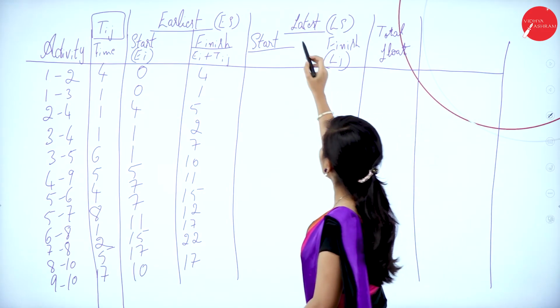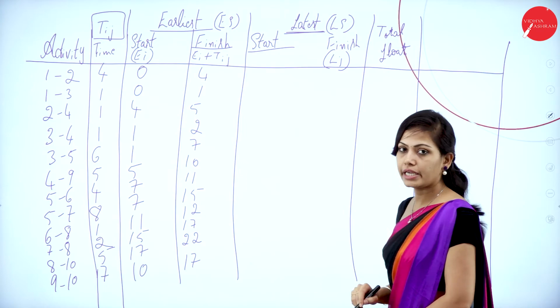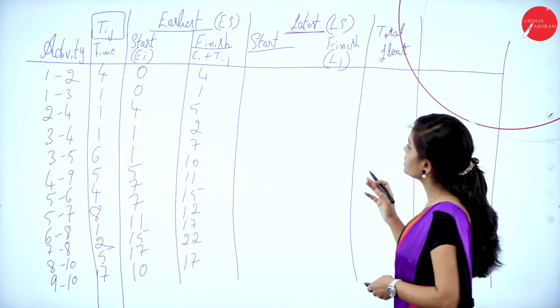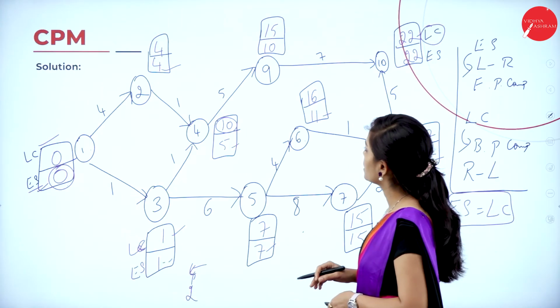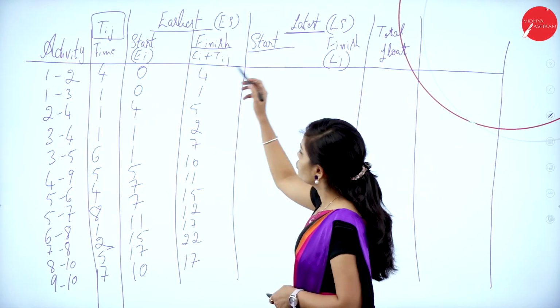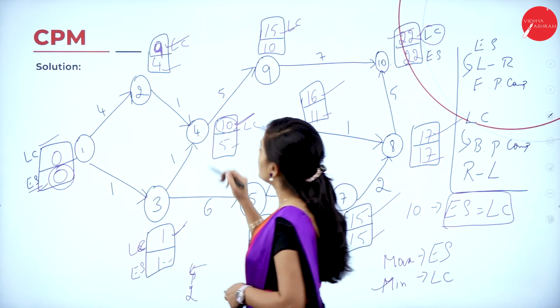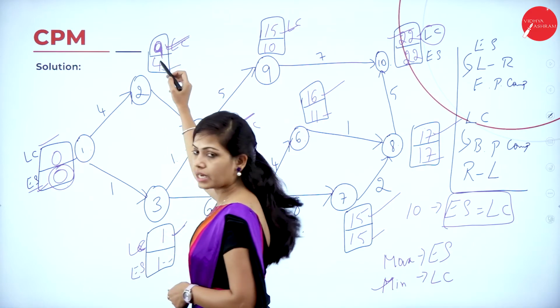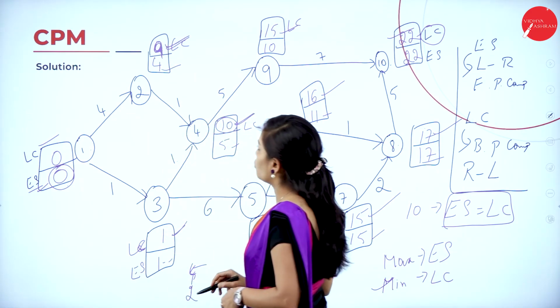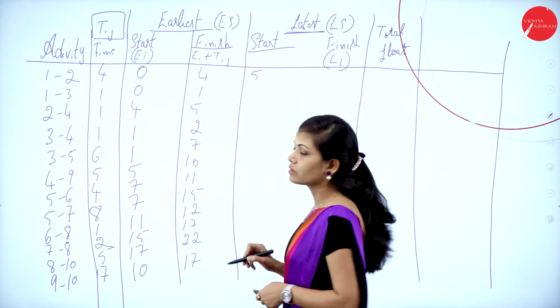And now we have to find out the latest starting time. So how to find this latest starting time? Listen carefully. For the first activity 1 to 2, latest completion time is 9 and the duration is 4, so 9 minus 4 is 5.